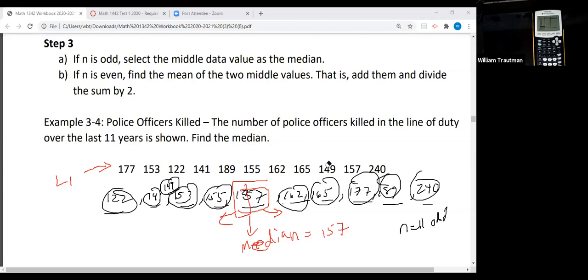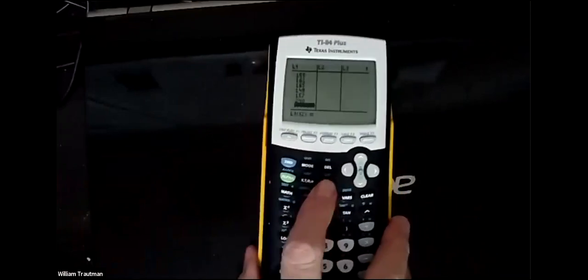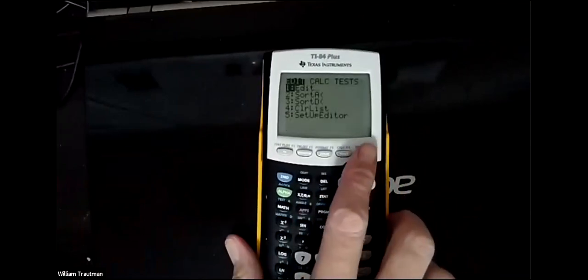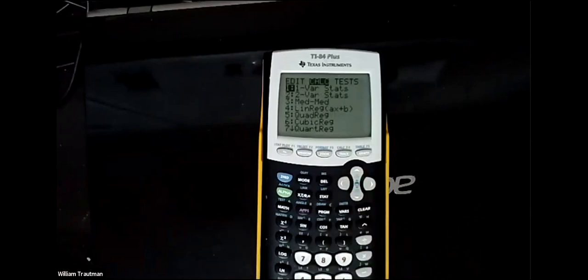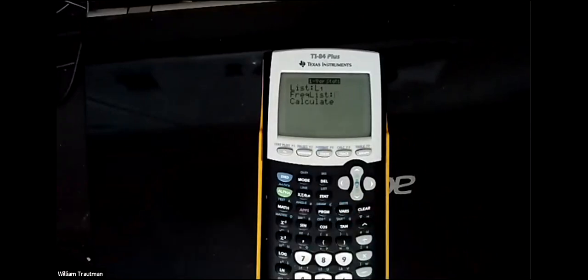All righty, let's take a look at the calculator now. All my data is in list 1. We're going to do the same thing we just did. Stat, arrow over to calculate, one var stats, L1. I don't have anything in L2, so I'm going to clear it. If there's nothing supposed to be in L2, it needs to be erased.